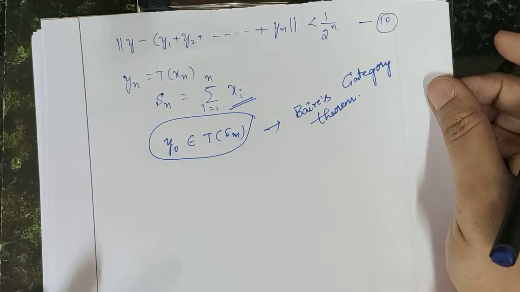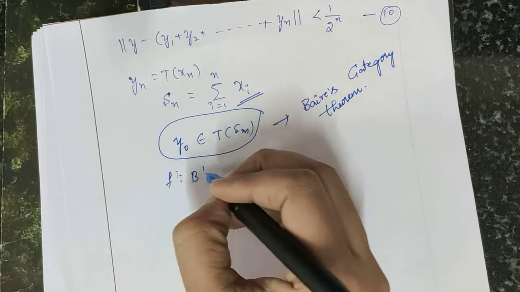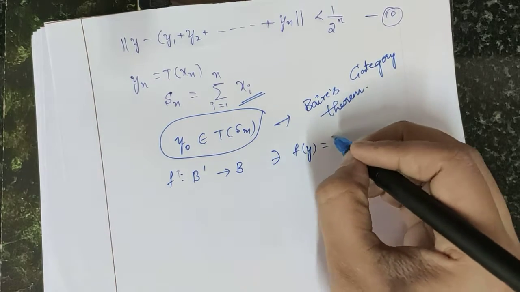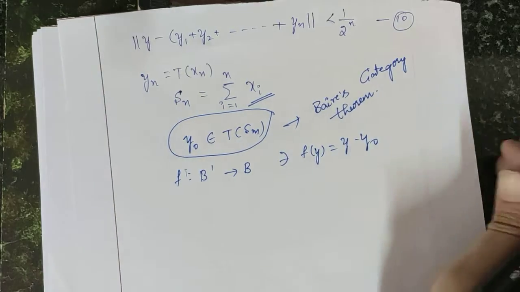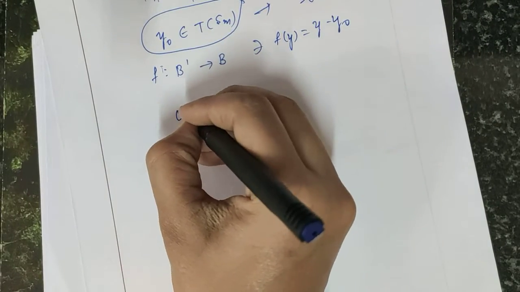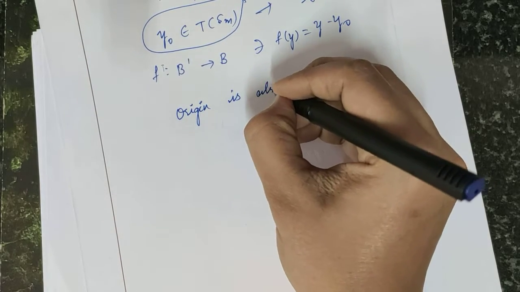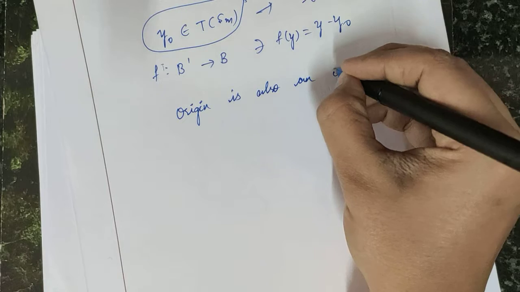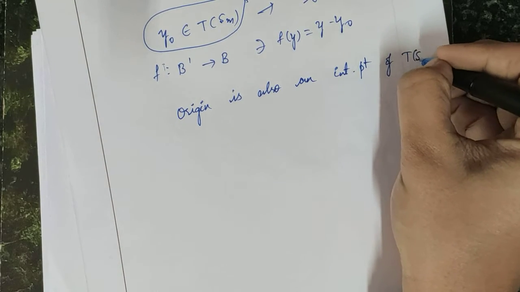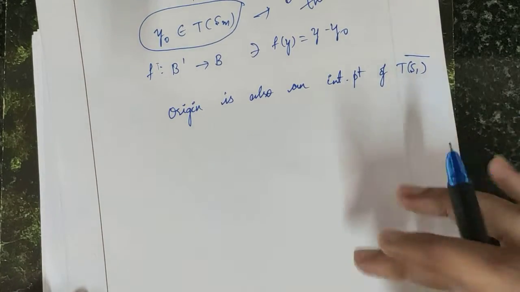Then we constructed a mapping f from B prime to B such that f of y is equal to y minus y0. Using this, we have proved that the origin is also an interior point of T of S1 whole bar, right?